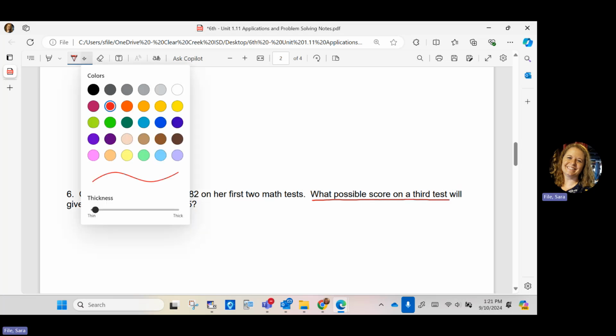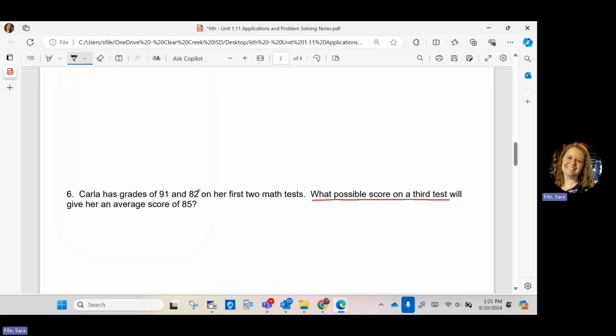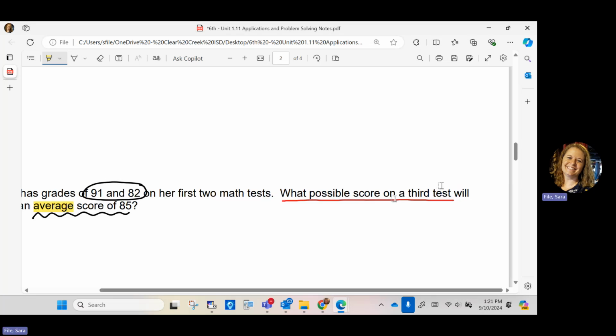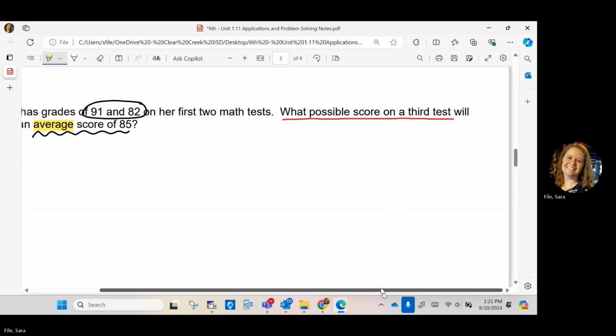And what do I know to help me answer that? I know that she had a 91 and an 82 on the first 2. And we're looking to see what would make an average of 85. So before I can answer this, I have to know what that word average means. Does anybody remember how to calculate an average?